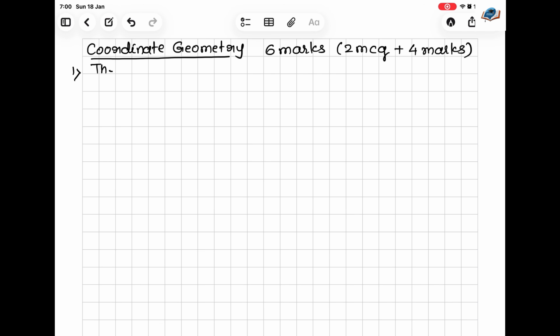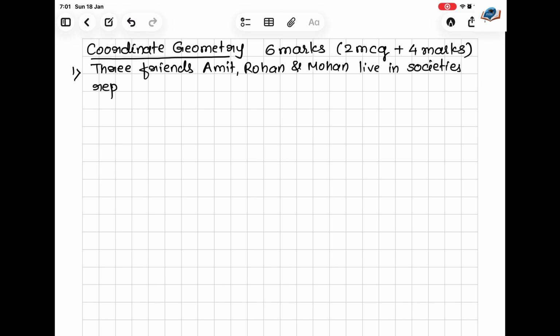Three friends, Amit, Rohan, and Mohan, live in societies represented by the points A (4, 5), B (6, 2) and C (2, 6) respectively.